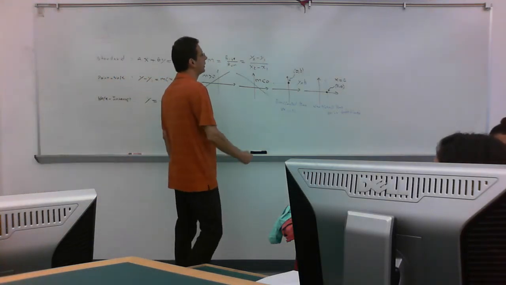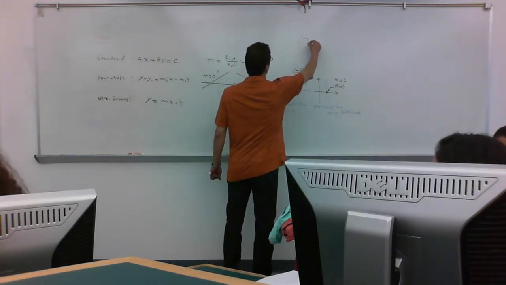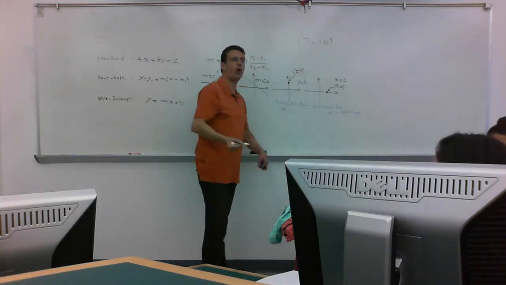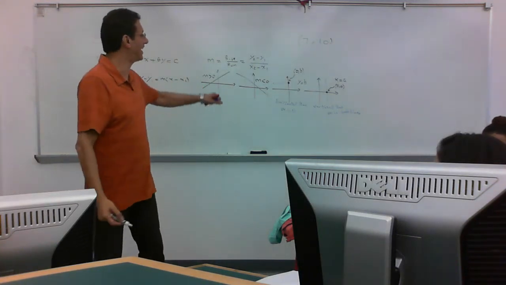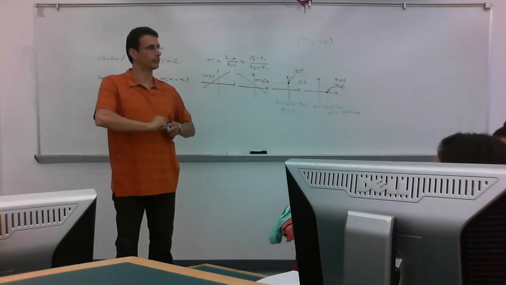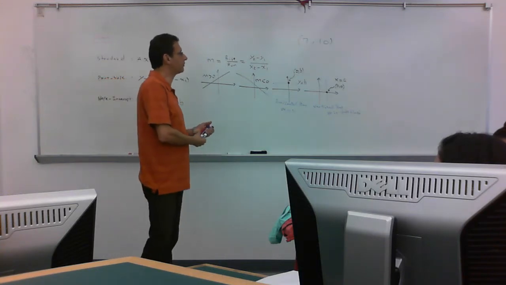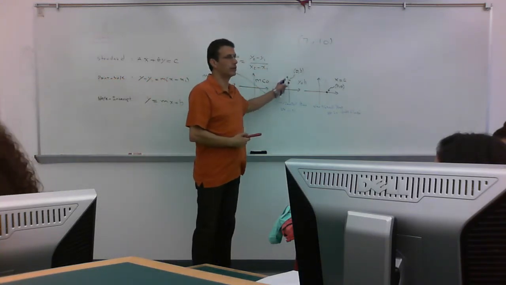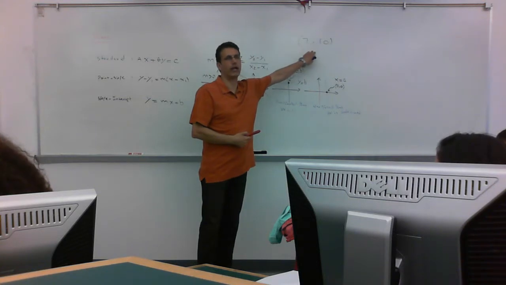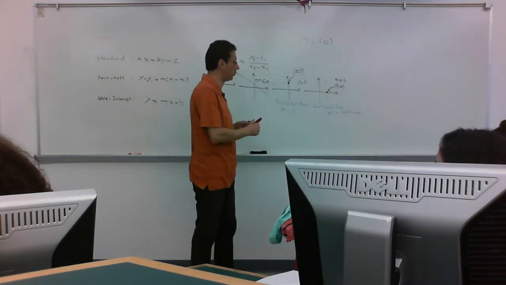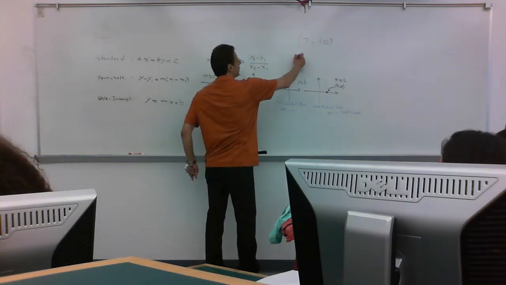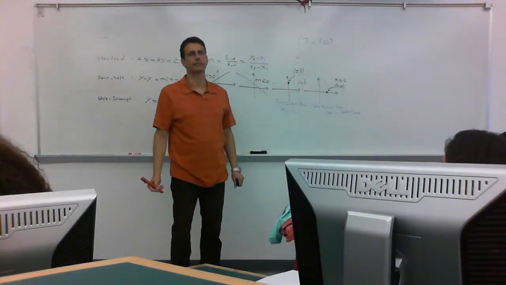For example, if I gave you (7, 10) as one point, I said we know a line contains that point, okay? Can you give me a horizontal line which contains this point? What would be the equation for a horizontal line containing this point? What do you think?